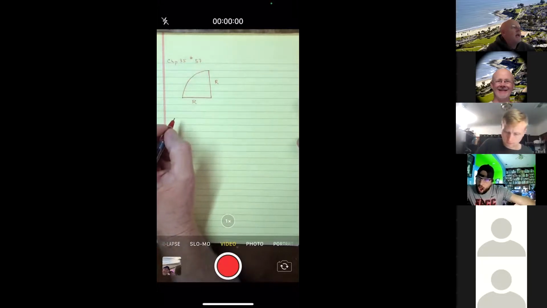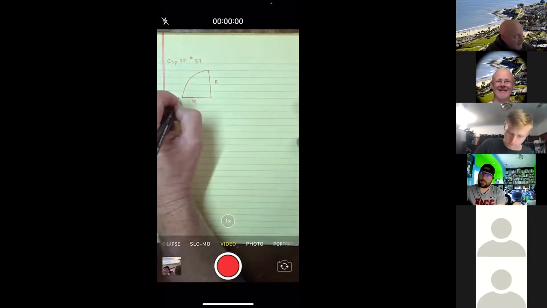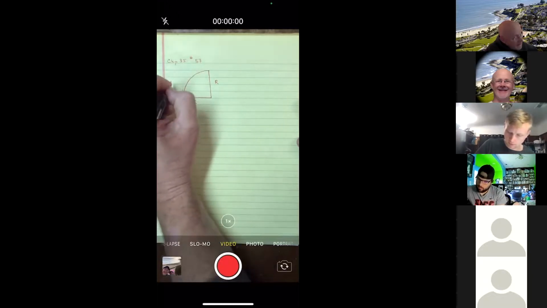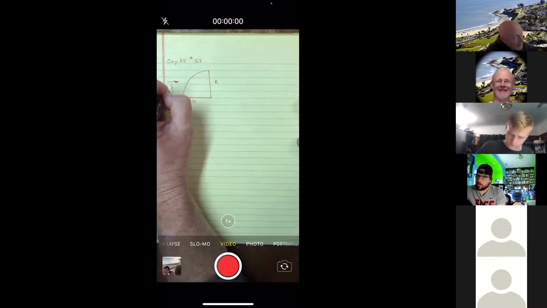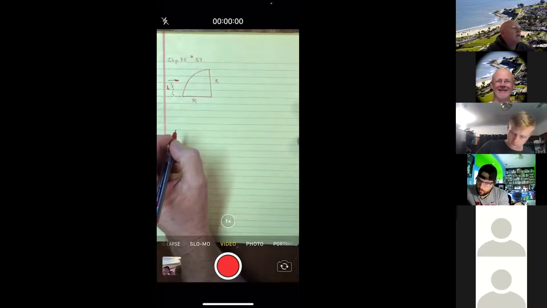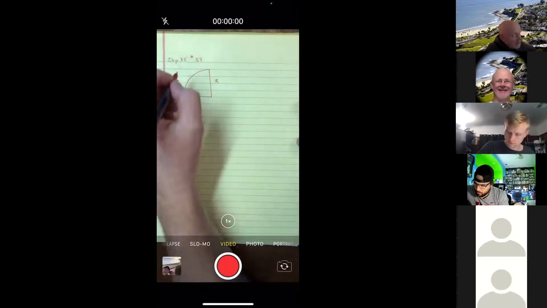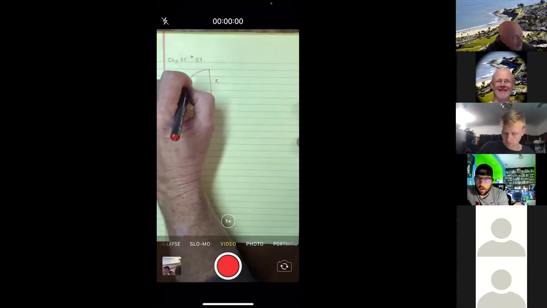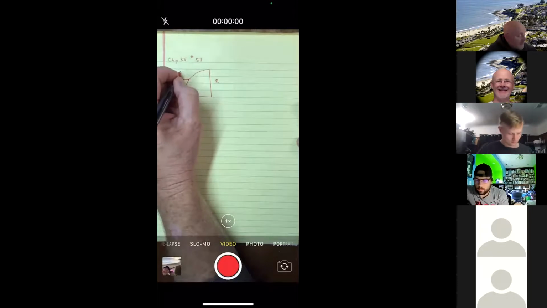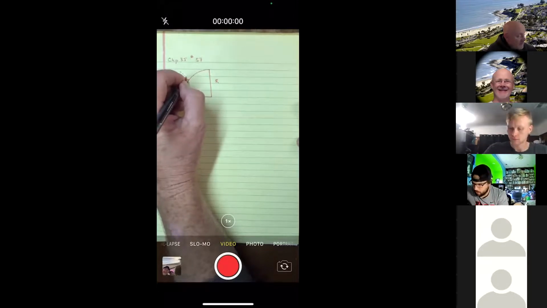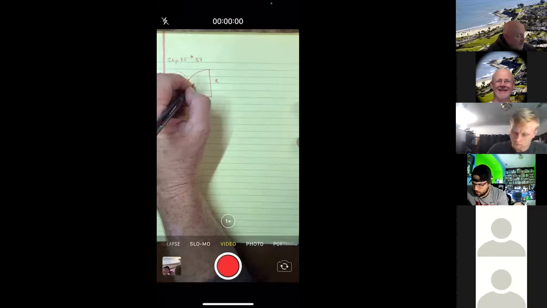And they say a light ray parallel to the base of the material is incident from the left at a distance L above the base. Okay, so the light comes in. And so if I'm doing my physics, I know that that would bend towards the normal.